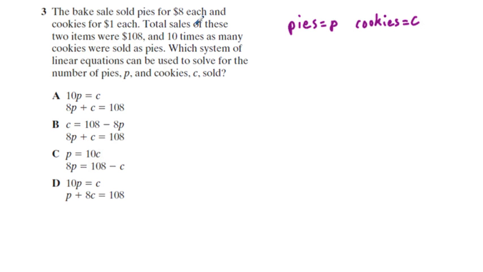Does it say 10 times as many cookies sold as pies? And so the cost of pie is going to be equal to 8 times the number of pies, right? Cost of pies will be 8 times the number of pies.